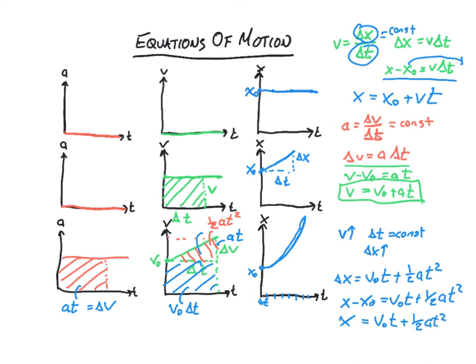And so that's where this formula really comes from. And so now we have the two equations that we need to describe motion under constant acceleration. We have our equation for position, and we have our equation for velocity.